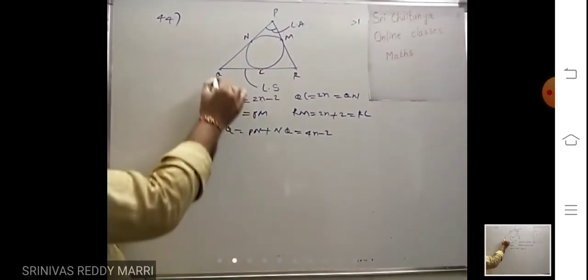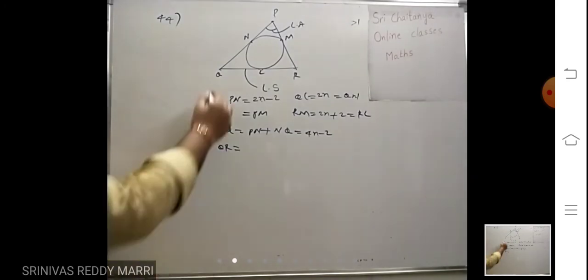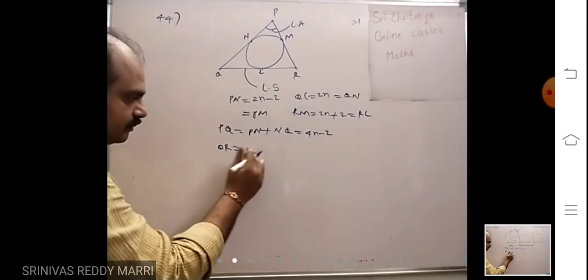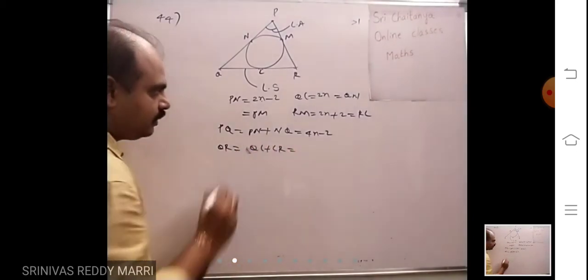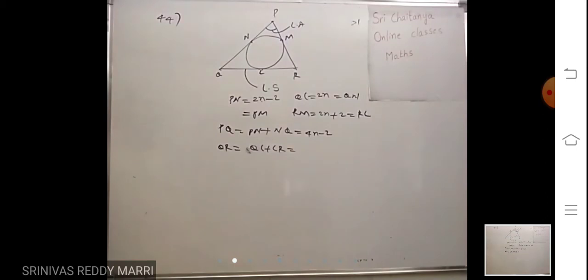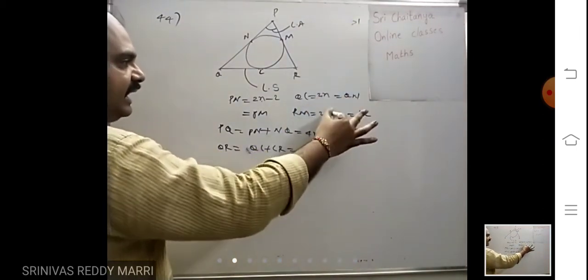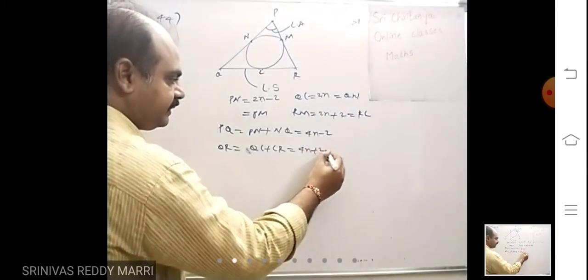Now QR is QL plus LR. QL is 2n and LR is 2n plus 2, so this is 4n plus 2.